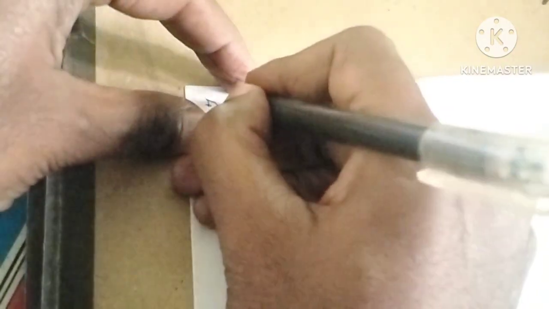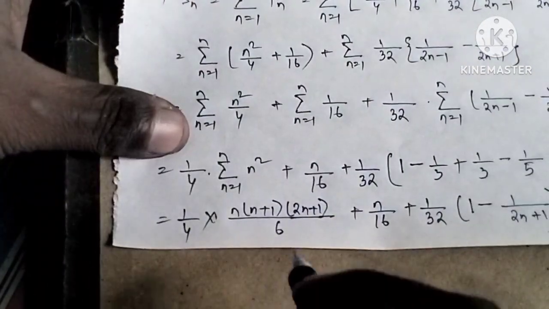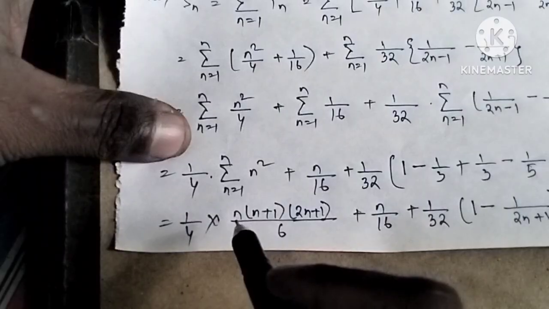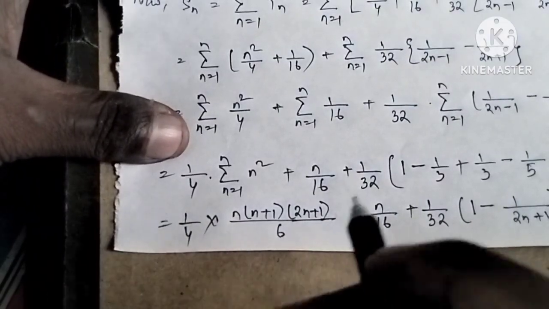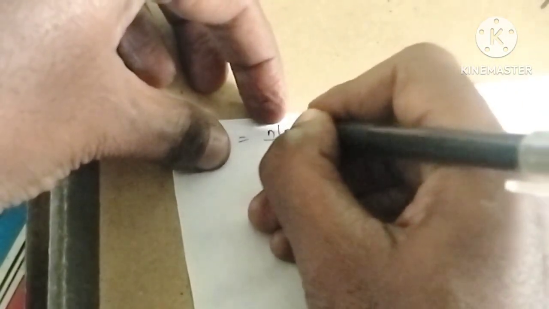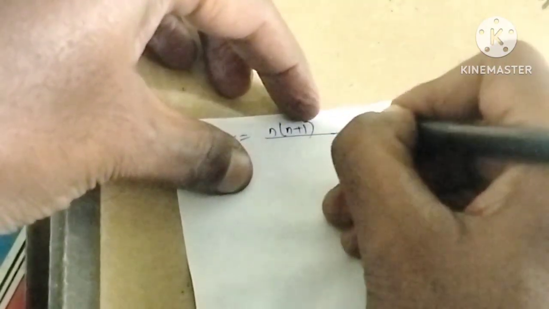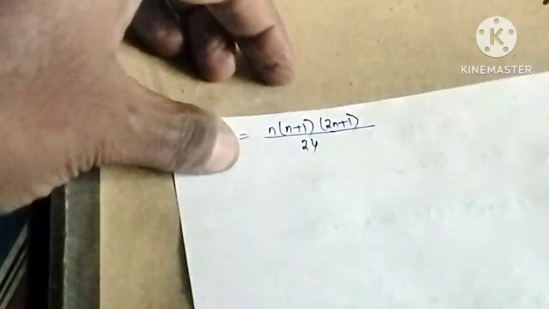Okay, so Sn is equal to, this will be n into n plus 1 into 2n plus 1 by 24. Okay, n into n plus 1 into 2n plus 1 by 24.